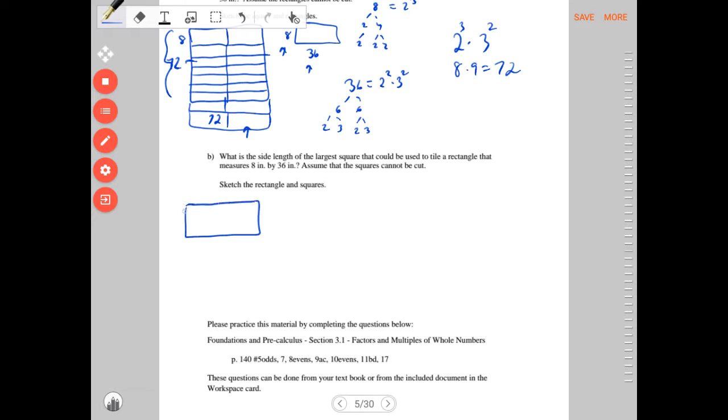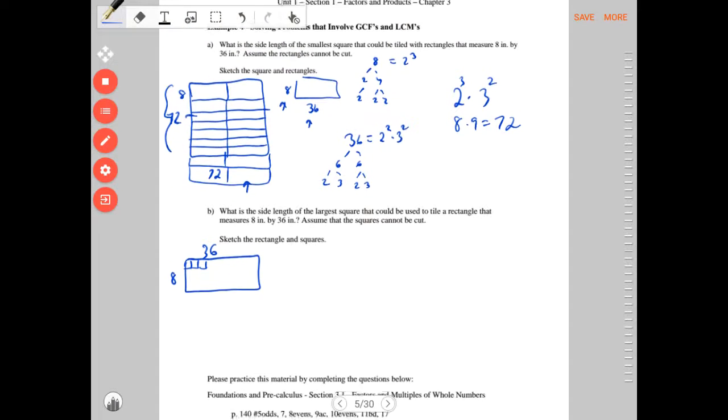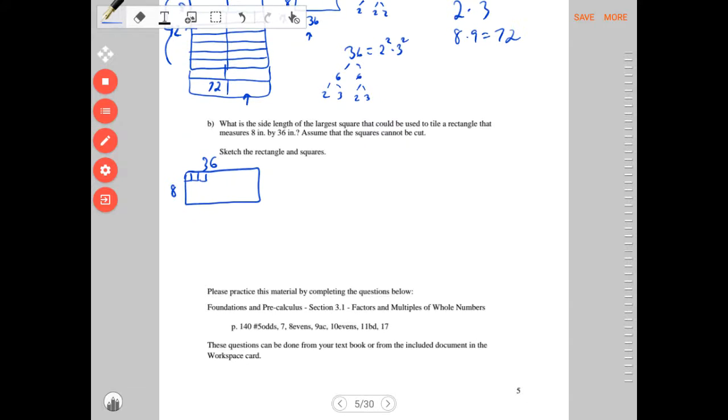I want these tiny little squares to tile that part. Now this, of course, is a GCF question. So I want the greatest common factor of 8 and 36. What's the largest number that divides nicely into both of those? These numbers are small enough that you can probably do that in your head.